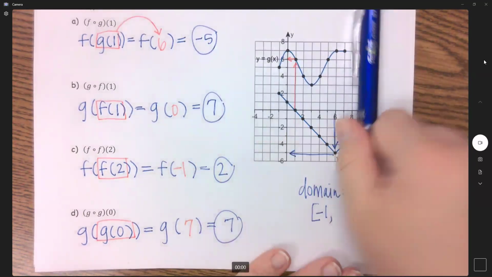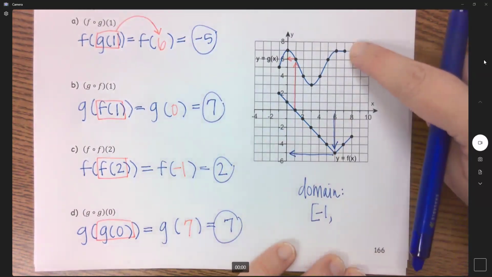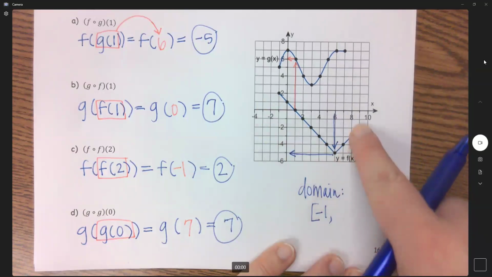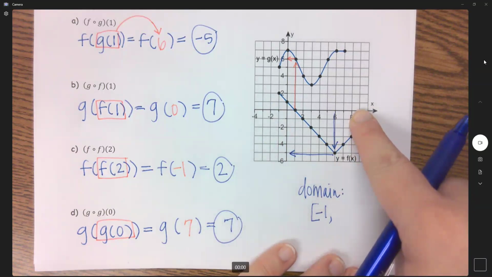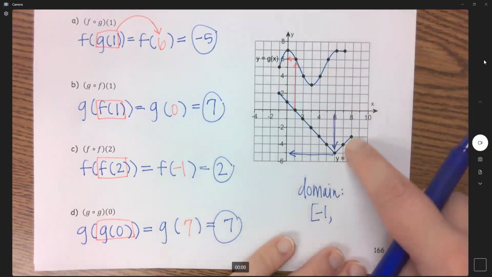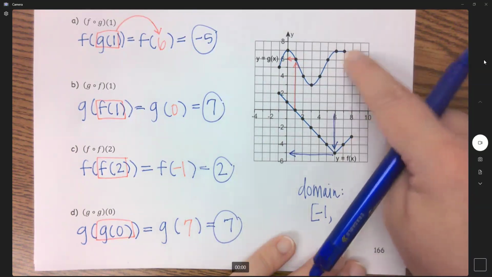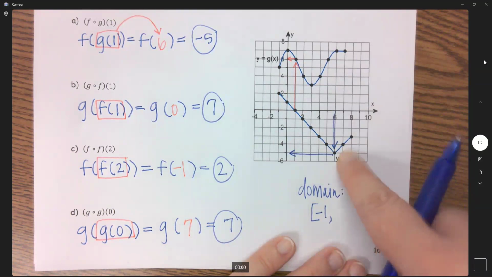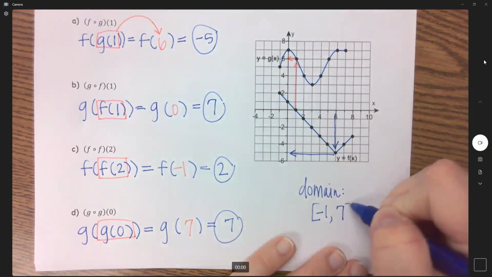And then it keeps going. My g of x stops at 7. My f of x stops at 8. So we need the numbers that they have in common. Because my f of x has no numbers between 7 and 8, I can't include the 7 and 8, so it stops right here at 7.